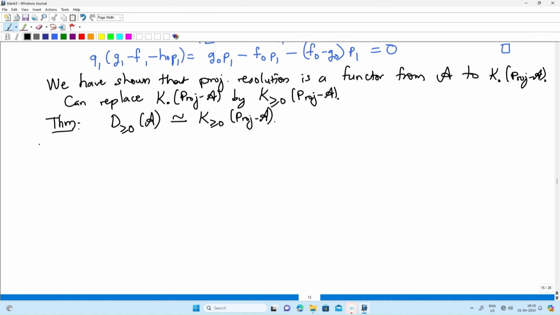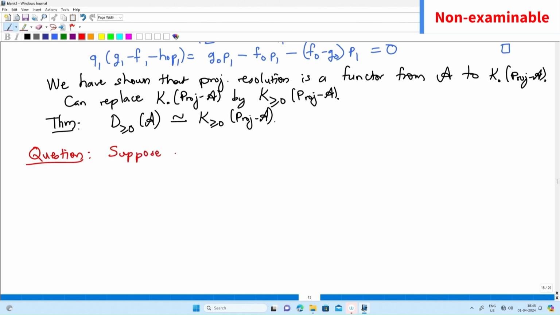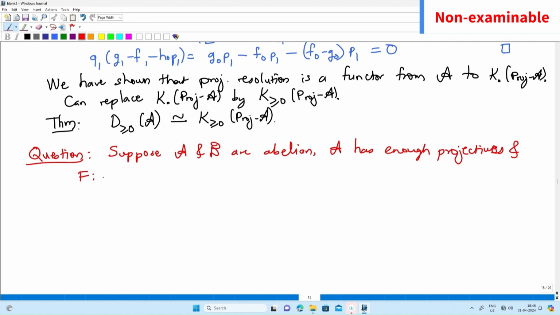Now I'm going to pose a question. So suppose A and B are abelian. A has enough projectives. And F from A to B is an additive functor.